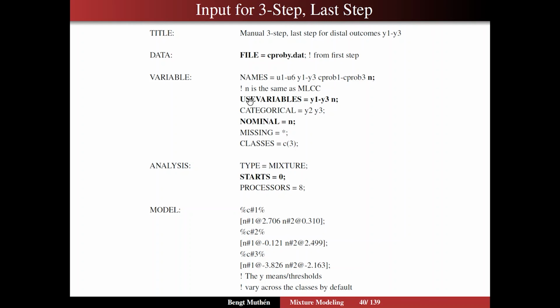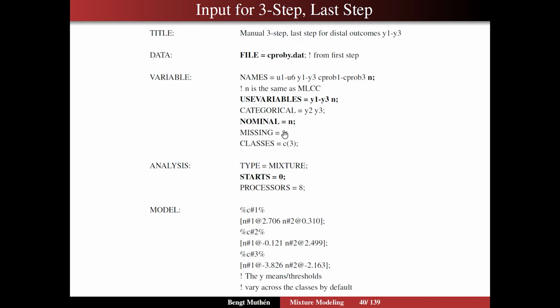So the use variable list for our final step analysis consists of the distal outcomes plus that nominal most likely class variable called N. And since we have categorical outcomes, 2 of the 3 Y's are categorical, we give that categorical list there, and we specify N as a nominal variable, 3 categories.